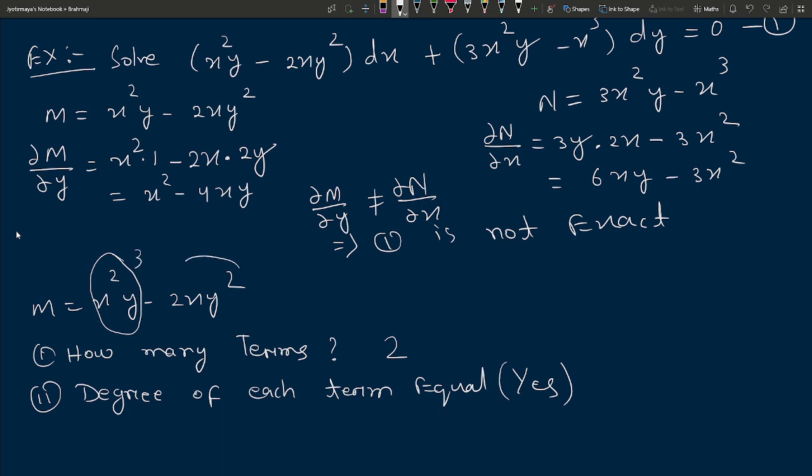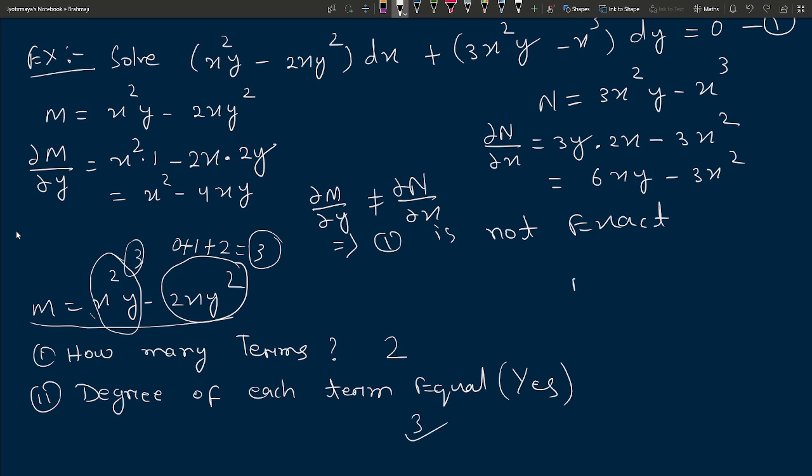What is the degree of the other term? The degree of x is 1, the degree of y square is 2, again 3. So this has degree 3, this has degree 3. So M is homogeneous. There are two terms and every term is of equal degree, that is 3.